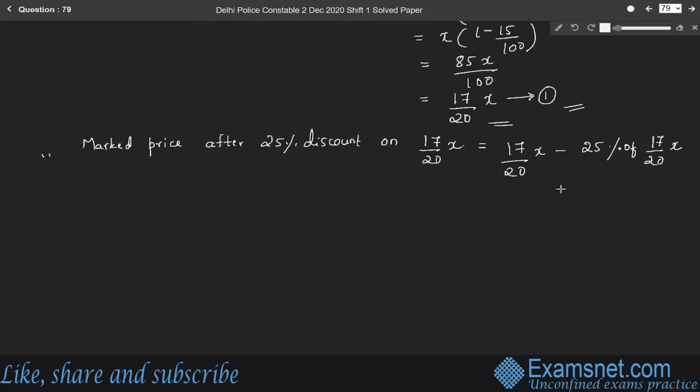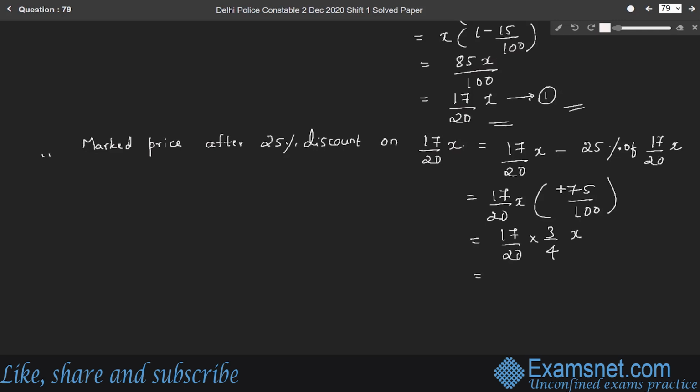Simplify it. So 17 by 20x is the common. So 1 minus 25 by 100, which is 75 by 100, right? You can still simplify. So 75 by 100 is 3 by 4, right? So 17 by 20 into 3 by 4x.